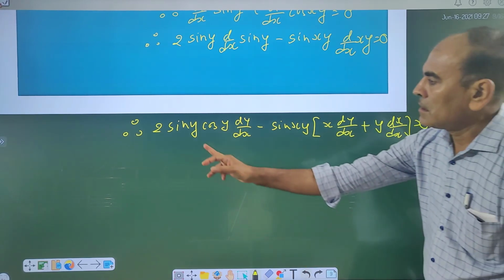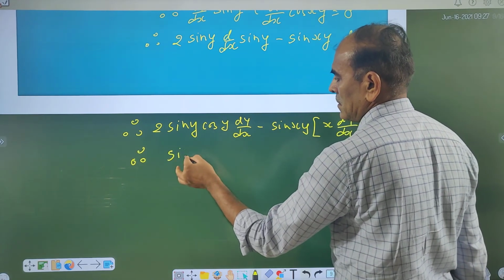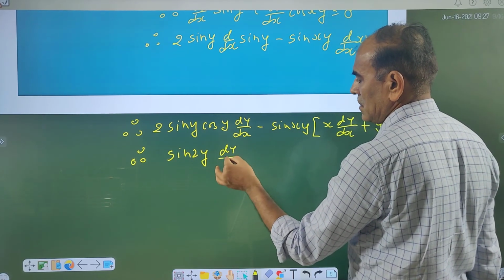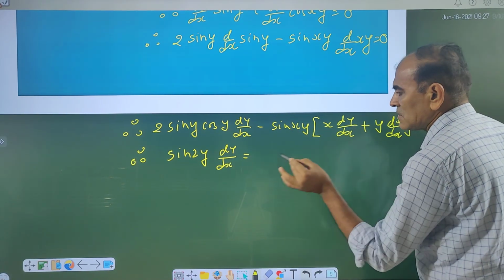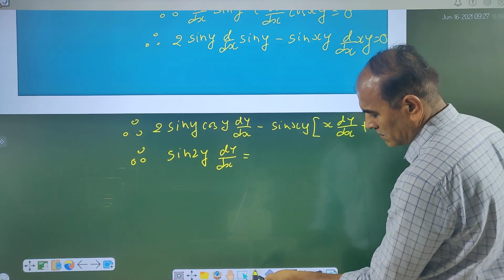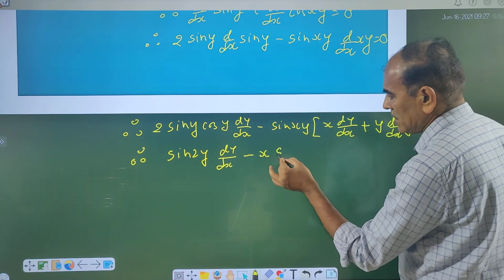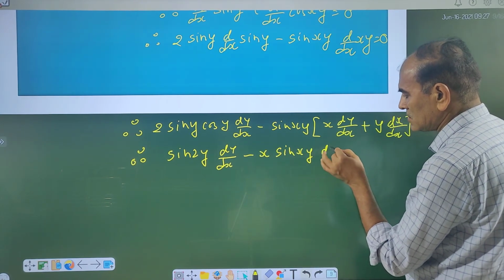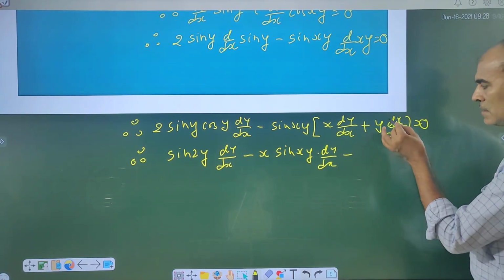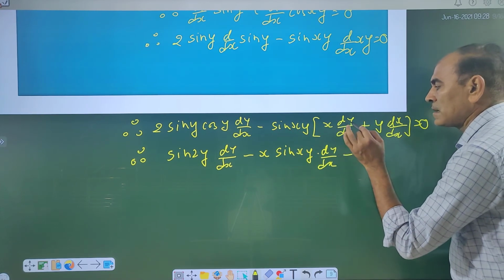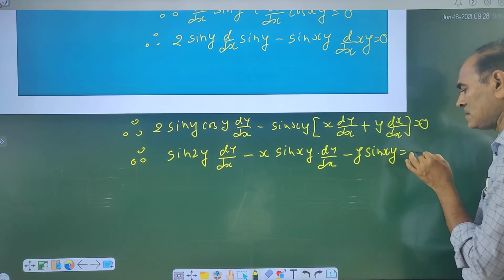Here 2 sine theta cos theta is sine 2y, so sine 2y dy by dx, minus x sine xy into dy by dx, minus y sine xy is equal to 0.